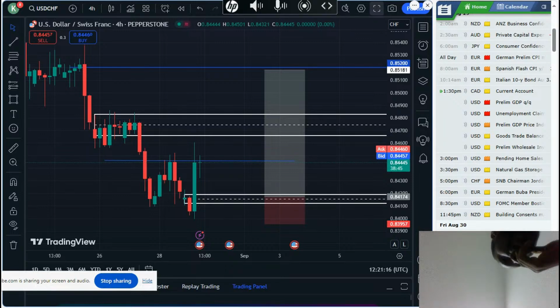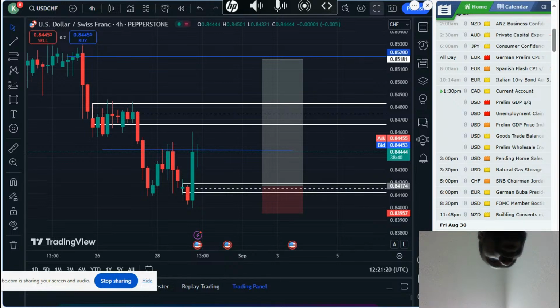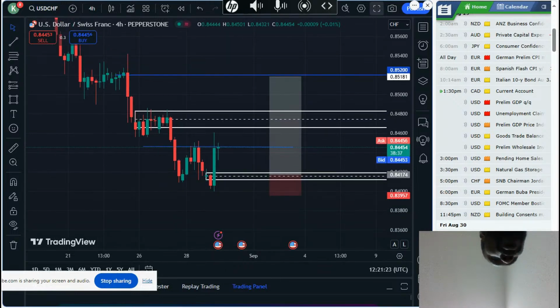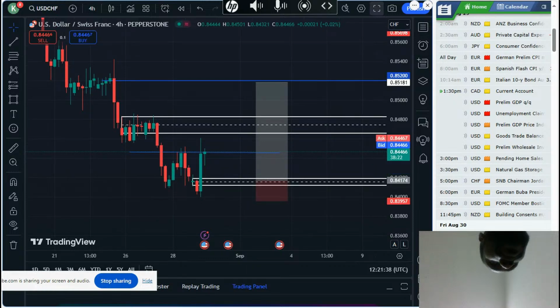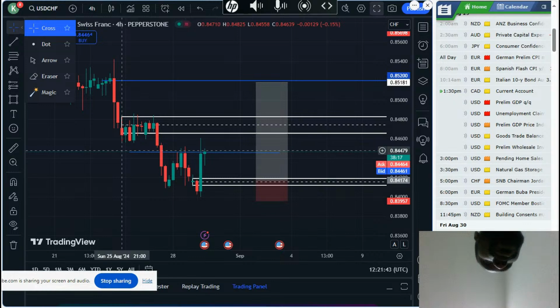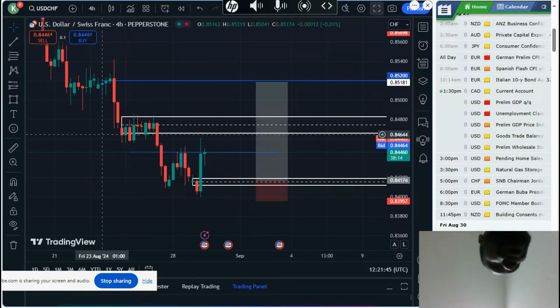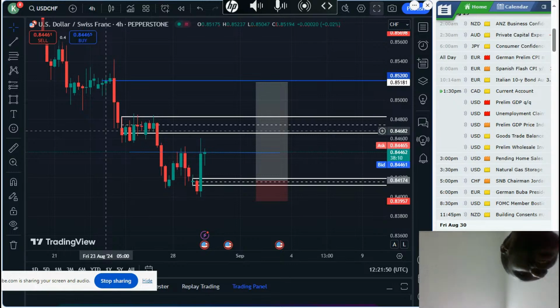I'm looking at the market to trade to two sides. I'm skeptical about the charts today because of the news, but I'm looking at selling from 0.84682.